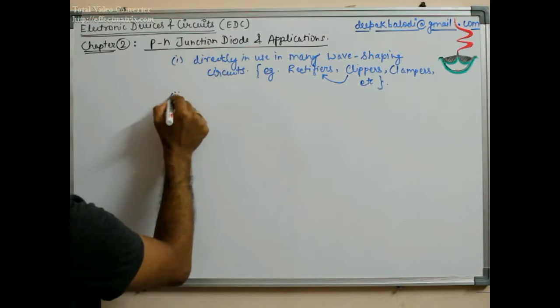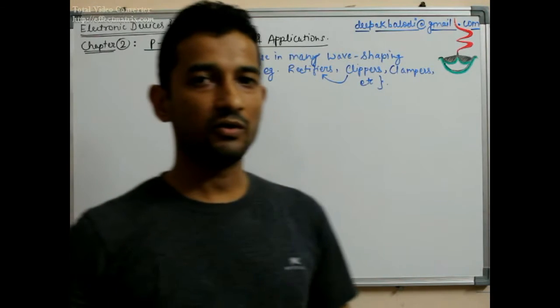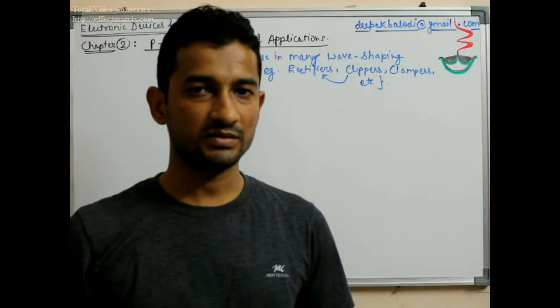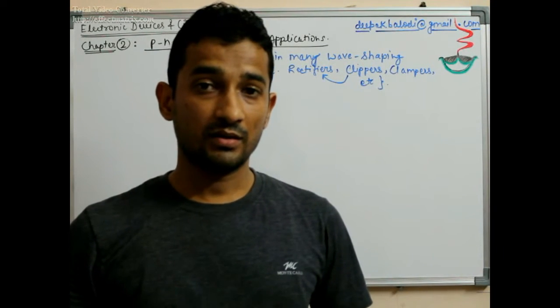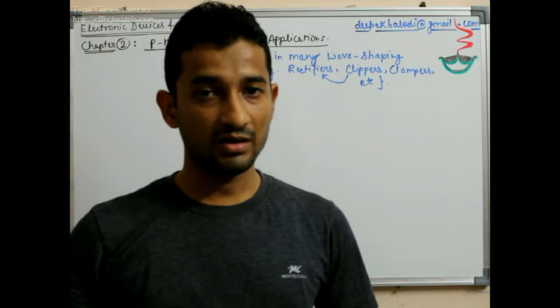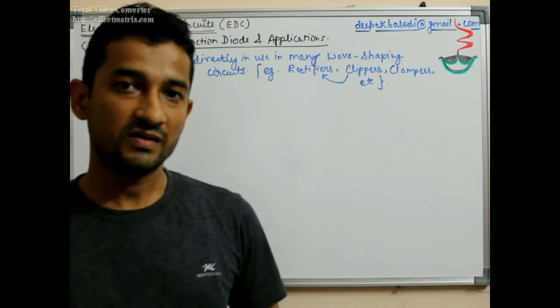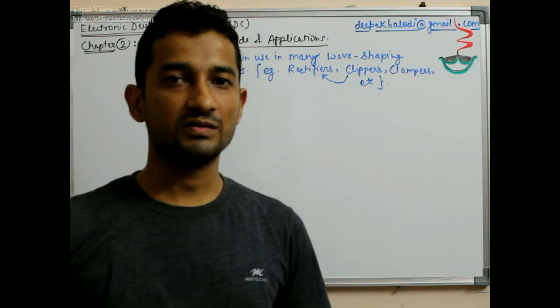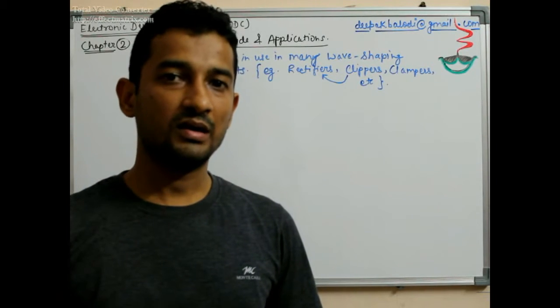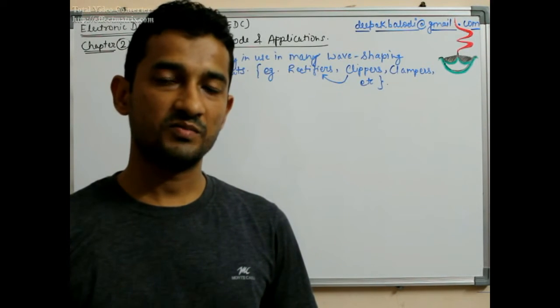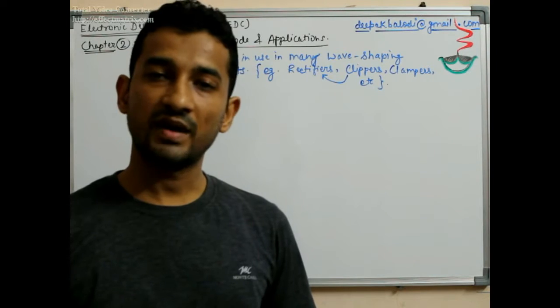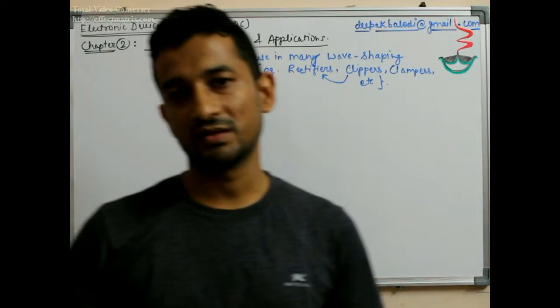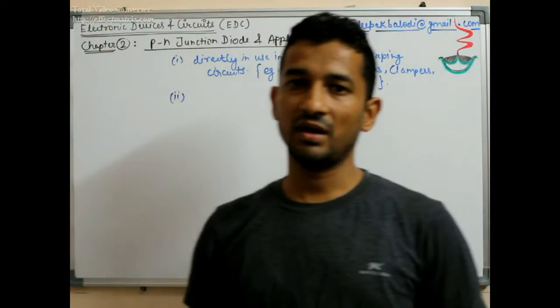Then secondly, it is important to study the PN junction diode and its applications. Mainly it is important to study the semiconductor theory behind the diode, because the semiconductor theory of the diode is directly or indirectly utilized in the complex study of more complicated devices like transistors, like BJT and FET.